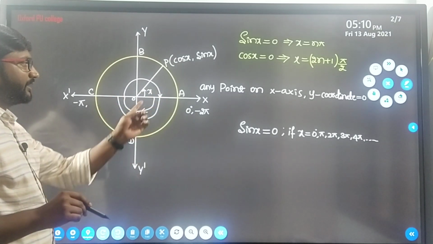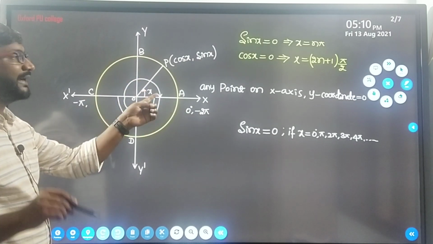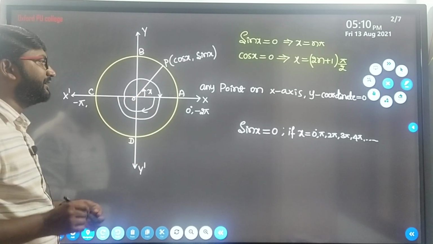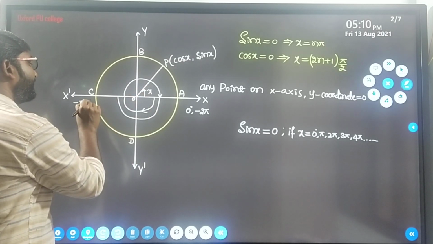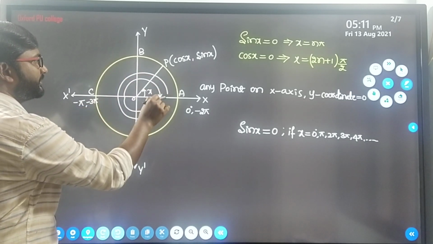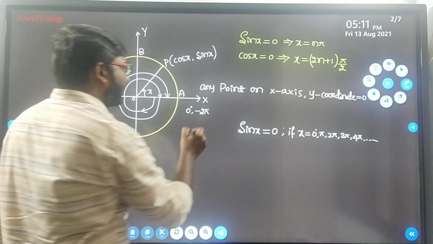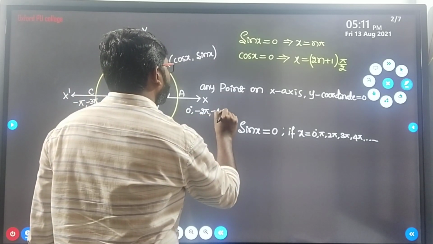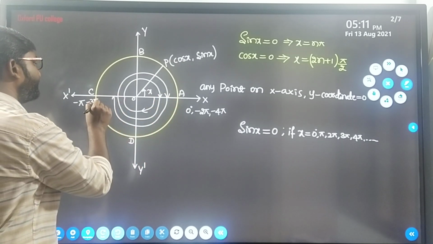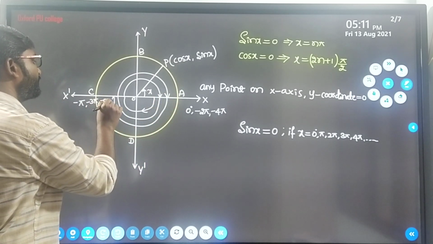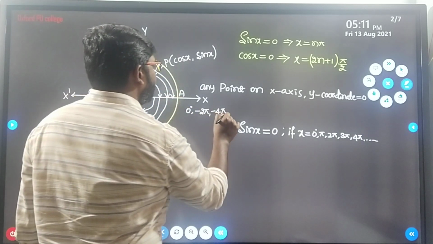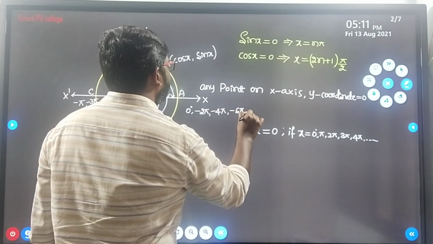One complete revolution is minus 2 pi, and till here it is minus pi, so minus 2 pi minus pi will be minus 3 pi. Then 2 revolutions will be minus 4 pi. Like this it continues. Then one more rotation, minus 5 pi. And if you complete the third revolution, you get minus 6 pi and so on.